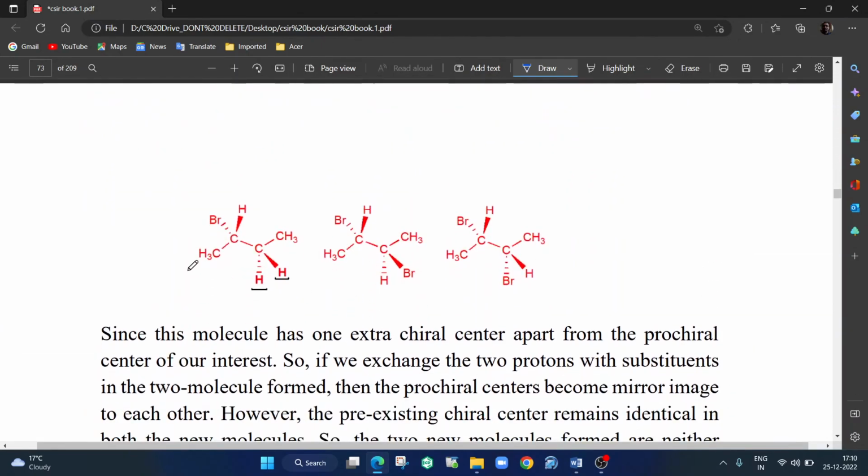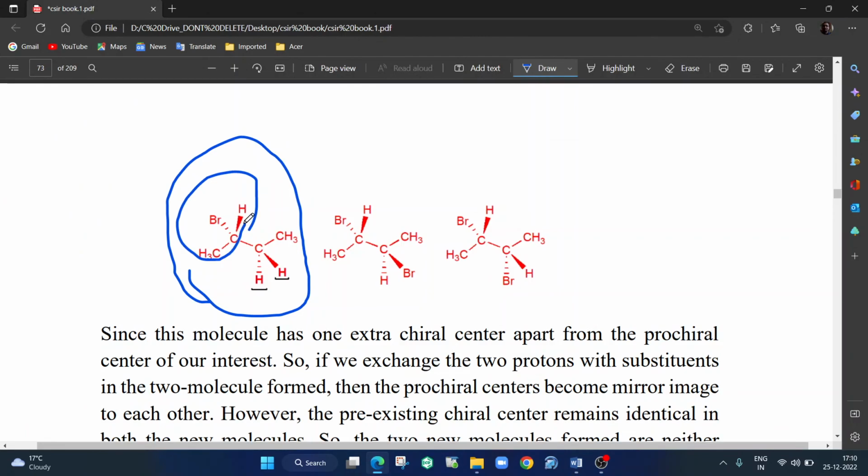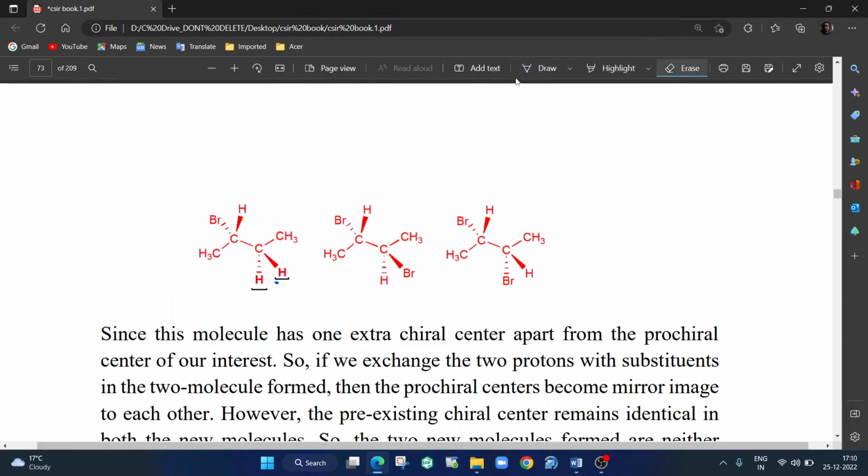Something like this molecule, 2-bromobutane. Now this chiral center is fixed, and we have to find out the topicity between these two hydrogens. So what do we do? We change a hydrogen in the first case and put bromine here, and in another molecule we change the other hydrogen and draw another bromine here, and we have to find out the relation between them.